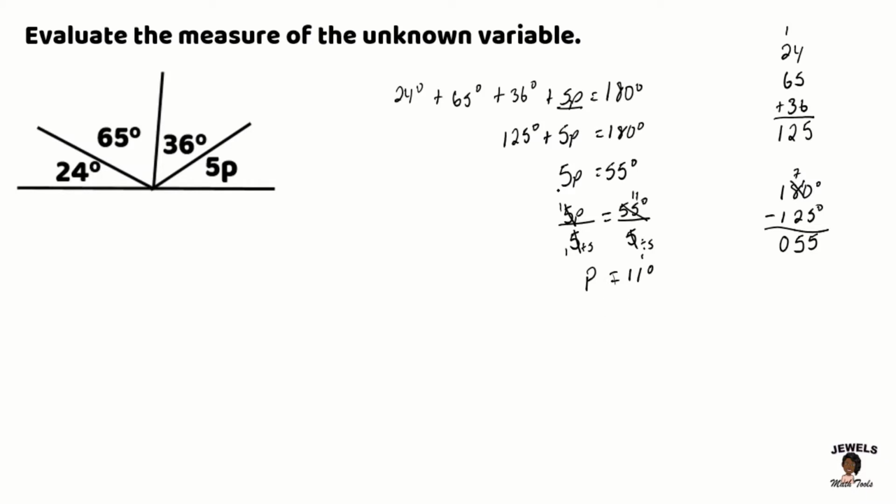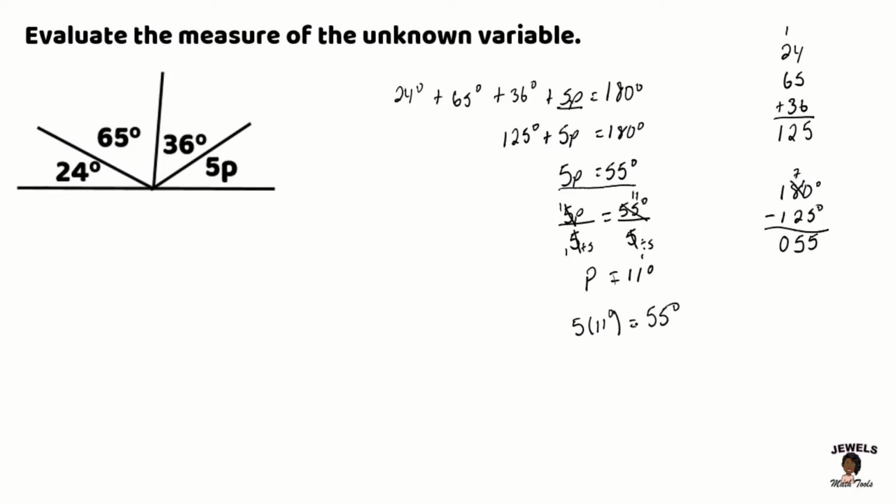And again, I'm going to check to make sure that when I substitute my 11 degrees in place of my p, it does work out to 5p being 55 degrees. And I found that when 5 is multiplied by 11, I do get 55 degrees. So that is a confirmation that my p is correct.